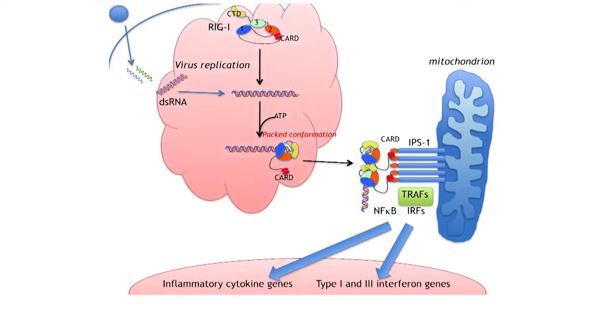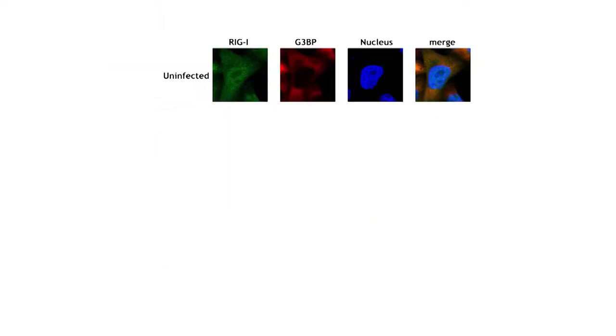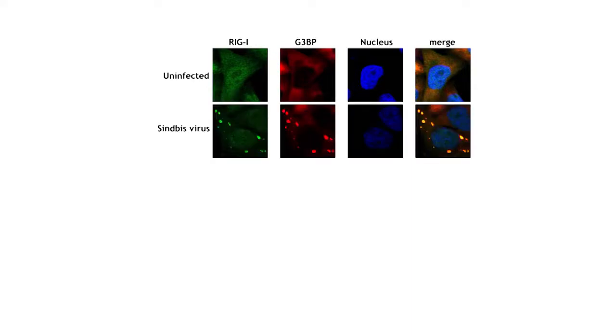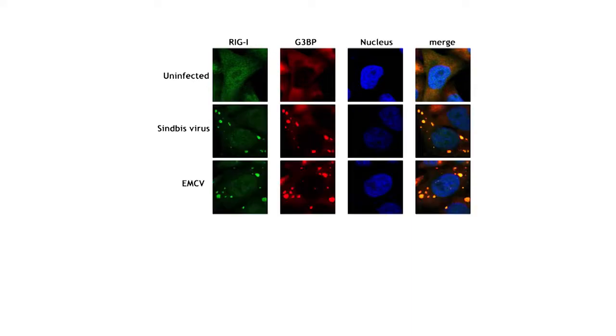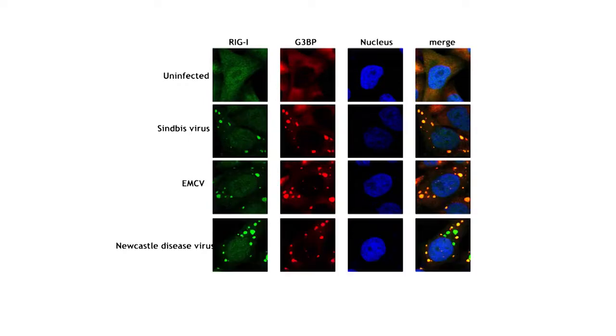In uninfected cells, RIG-I is diffusely distributed. However, infection with Sindbis virus, EMCV, or Newcastle disease virus induces granular localization of RIG-I.